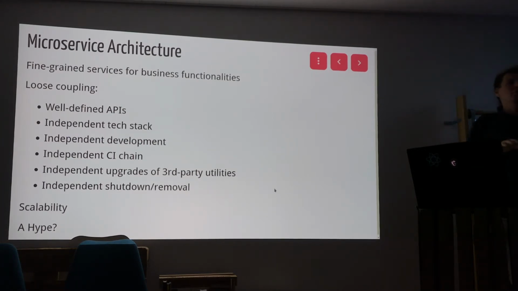But what it gives you, you're independent with respect to the tech stack. So you might want to implement one of these services, say in Java plus React, and another one in C# plus TypeScript plus Angular or whatever.